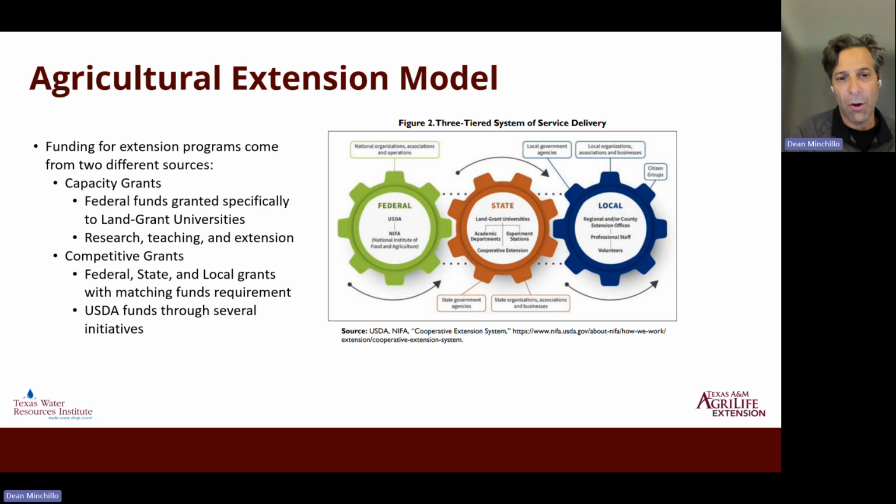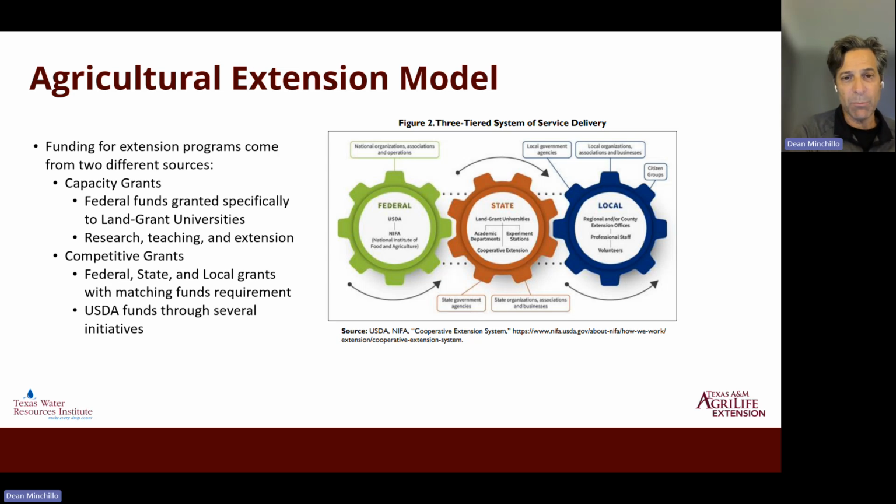Capacity grants are grants that have no match. They are just actual monies given to the university to do extension and research related activities. And then you have competitive grants, which are grants that are applied for on a competitive basis.